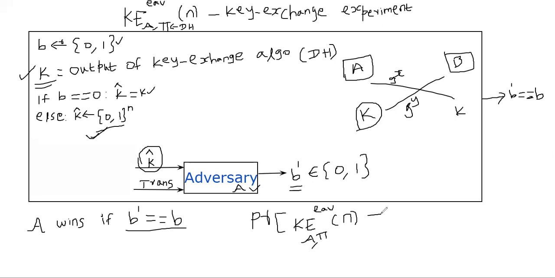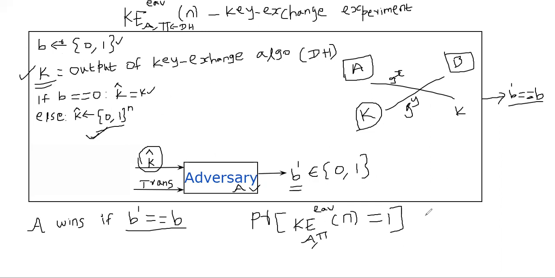So what is the probability that the key exchange experiment returns 1? It returns 1 only if the output B prime coming from the adversary is the same as the B that was randomly chosen.